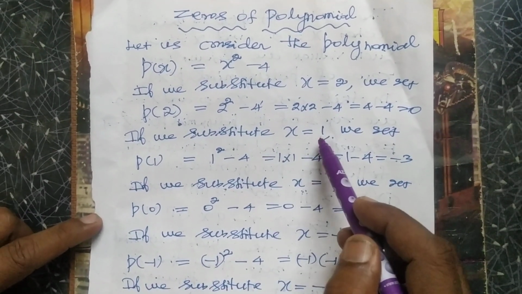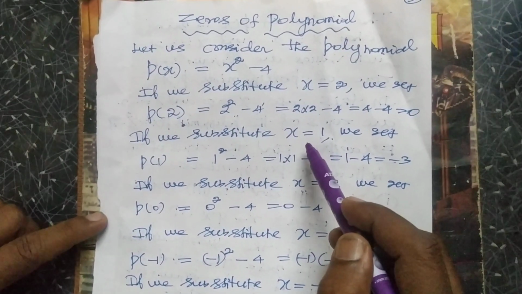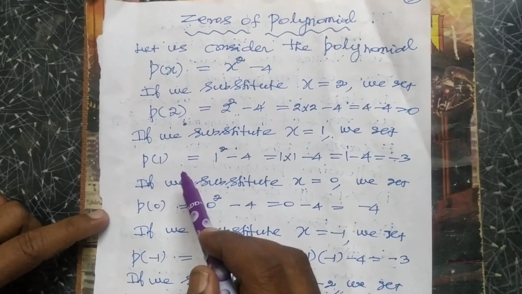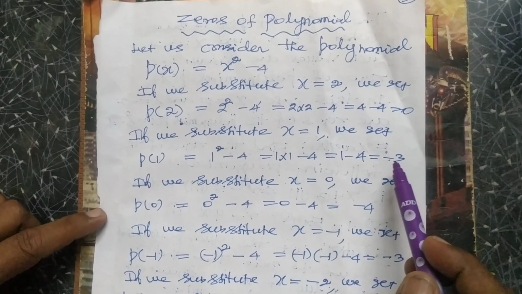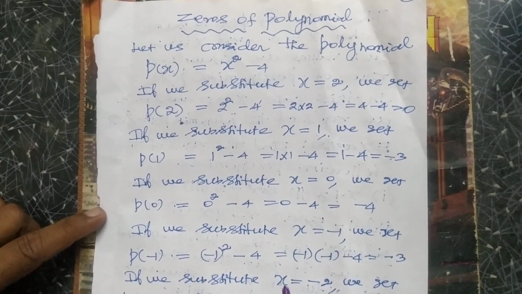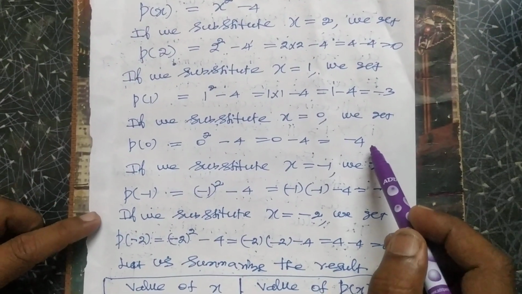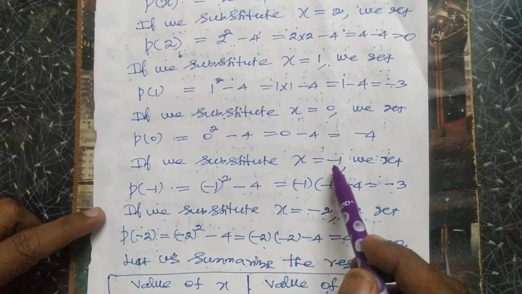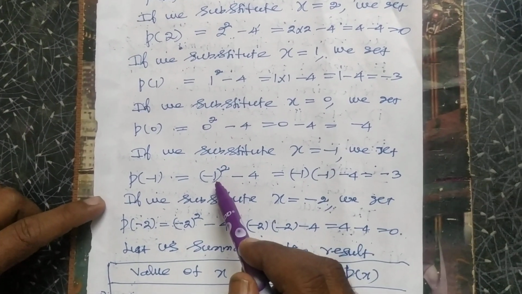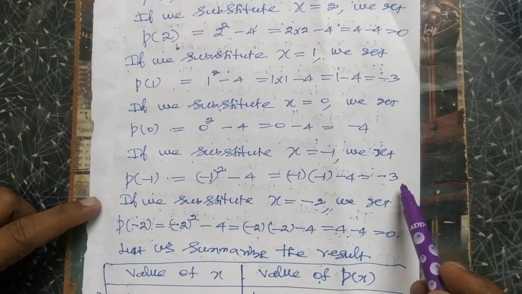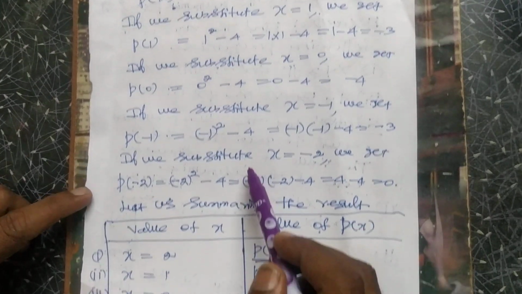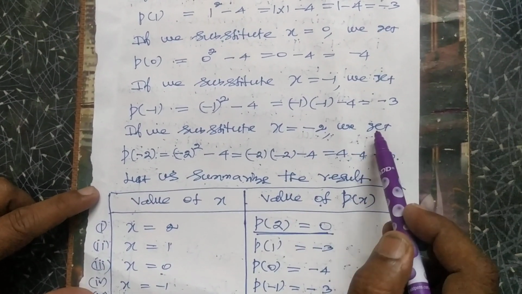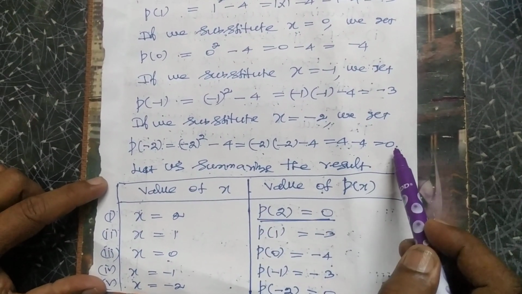If you substitute randomly, we can check that. If you substitute x = 1, we find the value minus 3. If you substitute x = 0, we get minus 4. If you substitute x = -1, the square is plus, and the answer will be minus 3. If you substitute x = -2, we get the answer 0.